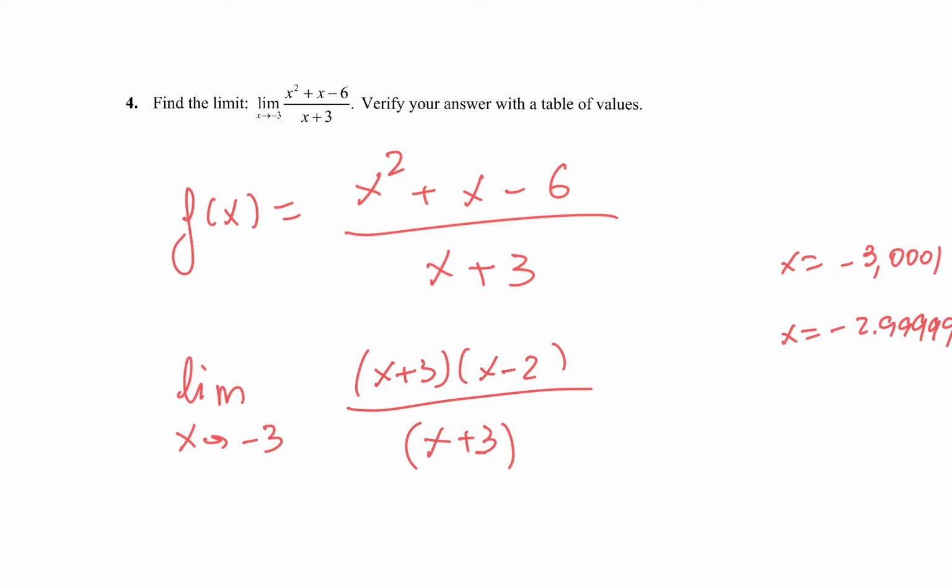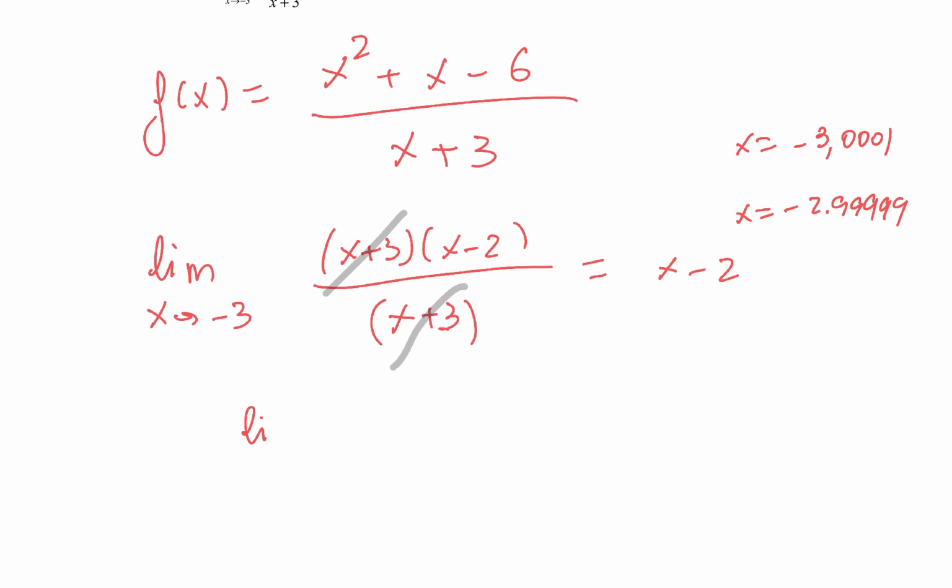And now I can cancel x plus 3 with x plus 3, and this is x minus 2. So the question is, what is the limit when x tends to minus 3 of x minus 2? When x approaches minus 3, this will take the value minus 3, minus 2 will be minus 5.